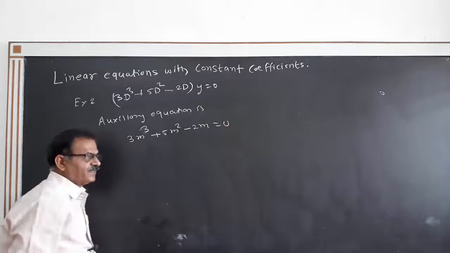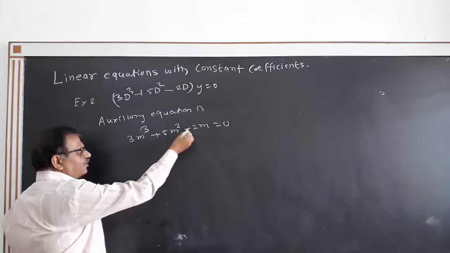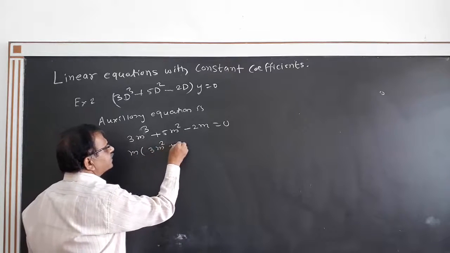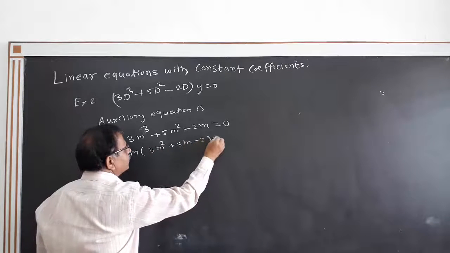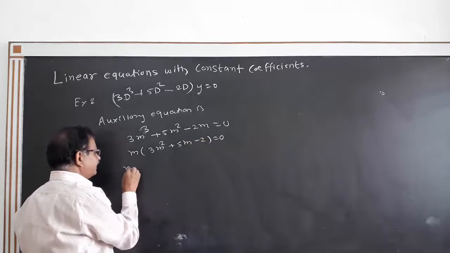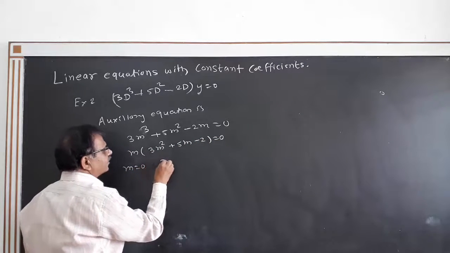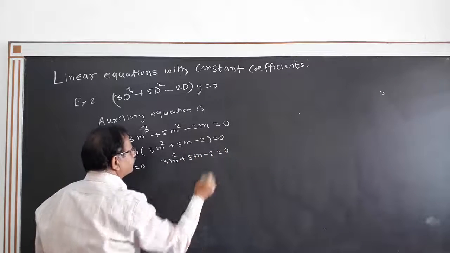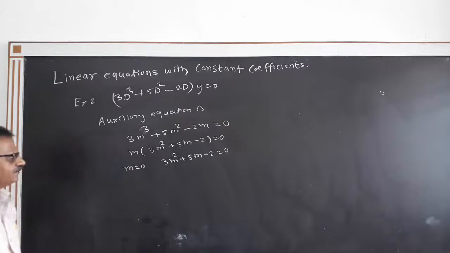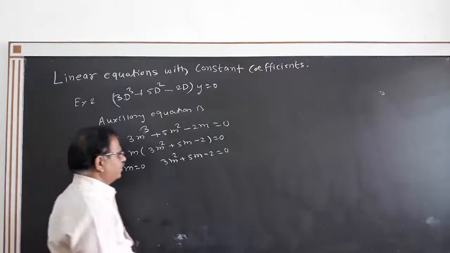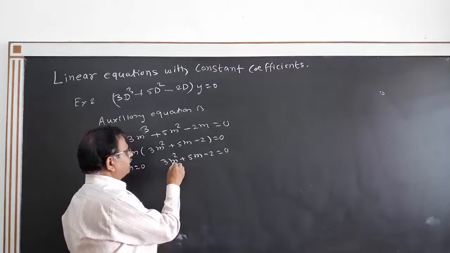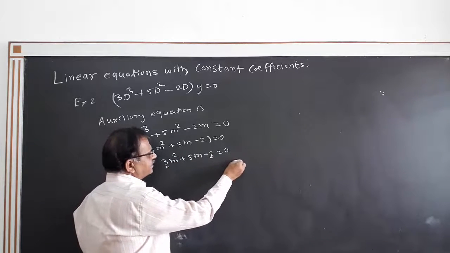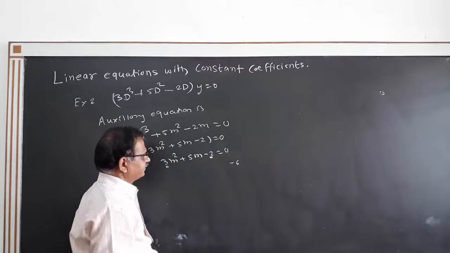This is the auxiliary equation. From this we can take m common throughout: m into 3m square plus 5m minus 2 equal to 0. Thus m equal to 0 or 3m square plus 5m minus 2 equal to 0. Now for finding factors of this, the coefficient of m square is 3 and the constant is minus 2, therefore the product is minus 6.